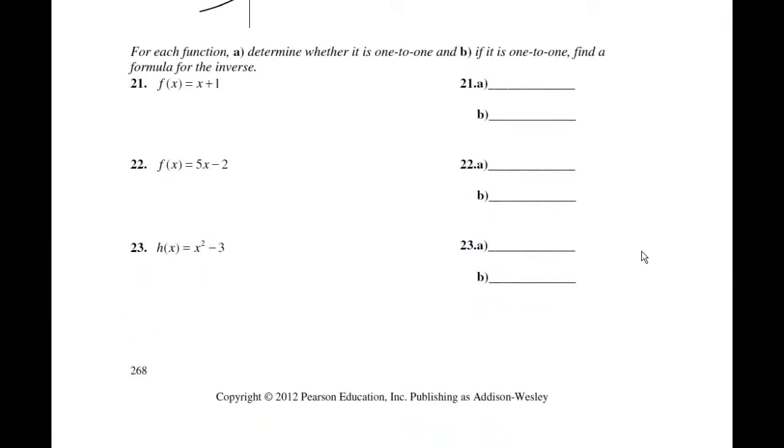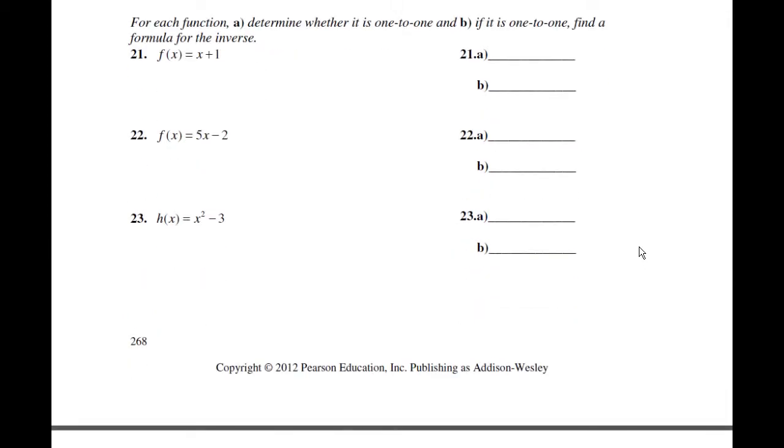And now what we want to do is for each function determine whether it is one-to-one, and if it does have a one-to-one, find the formula for its inverse. All right, so are they one-to-one? This one is.